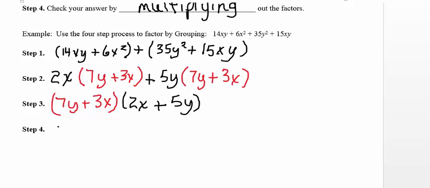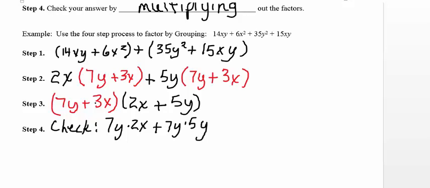Now if I want to check it, so here we're going to do the check. So 7y gets multiplied by 2x. 7y gets multiplied by 5y. 3x gets multiplied by 2x. 3x gets multiplied by 5y.